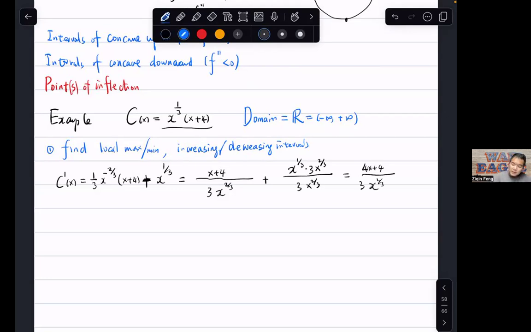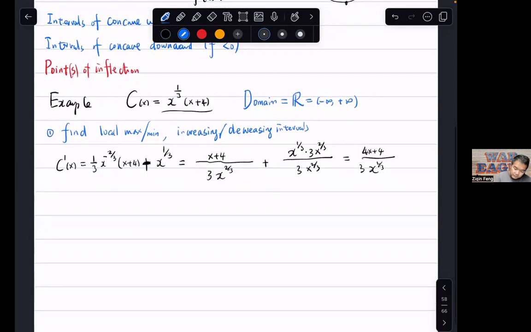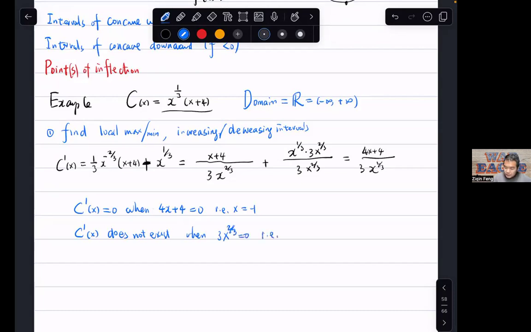Now you can see that the derivative here equals 0 when the numerator is 0, as I said, right? If you have a fraction, it is 0 when the numerator is 0. So this equals 0 when x is -1. And c prime of x does not exist when the denominator equals 0, when 3x to 2/3 equals 0, that is, x is 0.